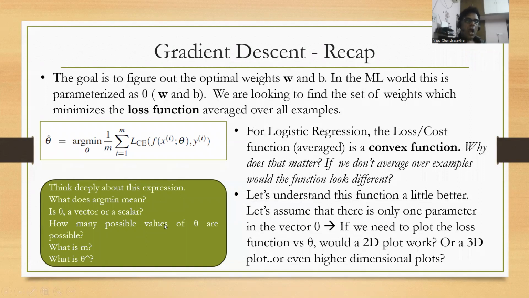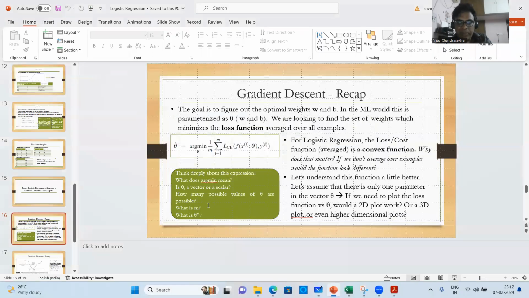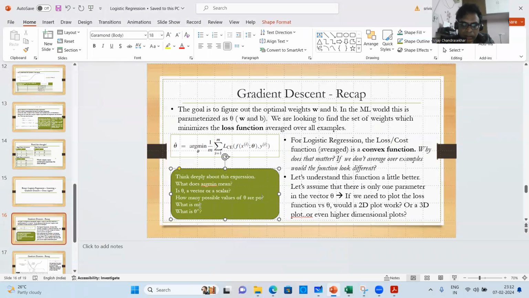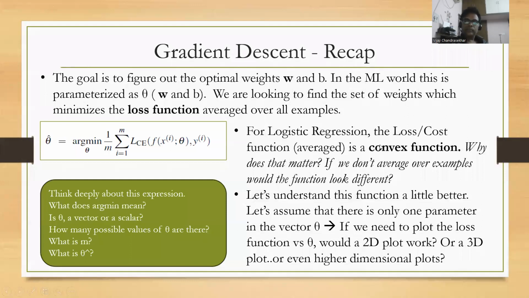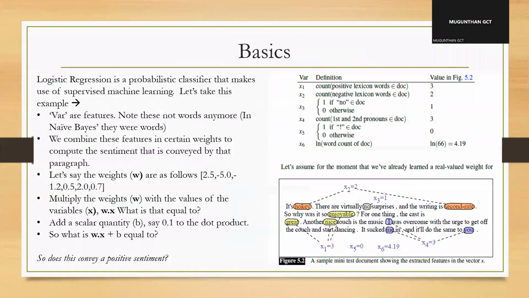Next question. How many possible values of theta are there? Very poorly worded, apologies. Take this example. How many possible values of theta are there? Theta is a vector, but how many possible values are there?